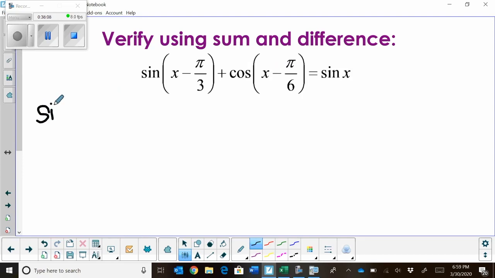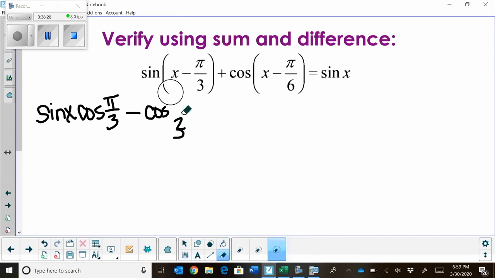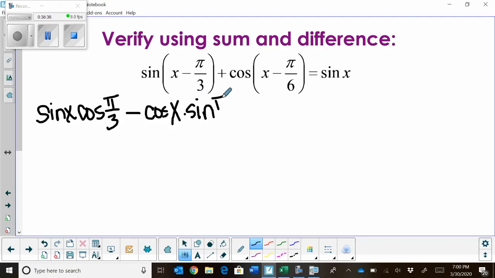Sine of x times cosine of pi thirds. Same sign, so minus cosine of pi thirds times cosine of x times sine of pi thirds.